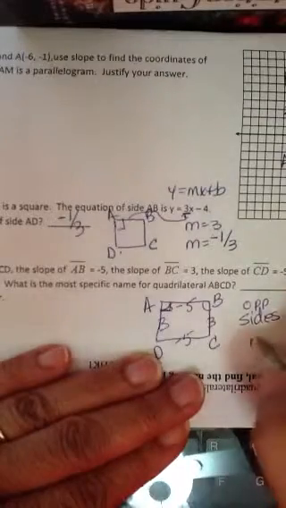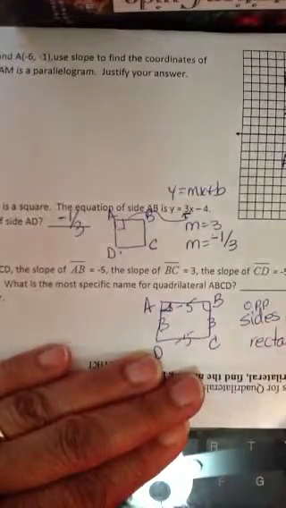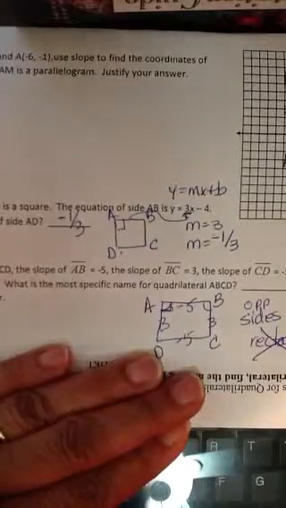So we know we have a parallelogram. Now the next question, do we know anything about the angles possibly being right angles that would tell us that this is a rectangle or a square? No, we don't. So it can't be a rectangle, can't be a square.